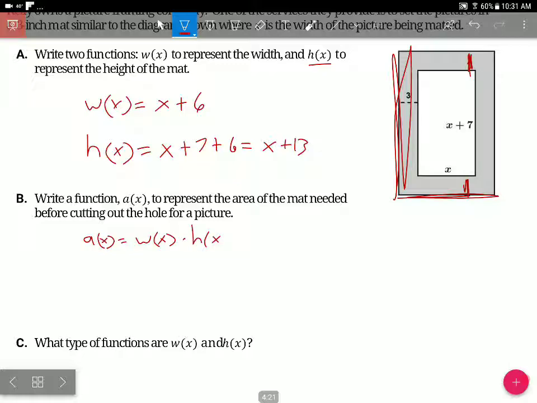It's the width times the height. What was the width? x plus 6. What was the height? I'll pause. Anybody struggling with that at all? How we got that? We just know it's base times height, so it's one side times the other side. So all we got to do now is multiply it out.